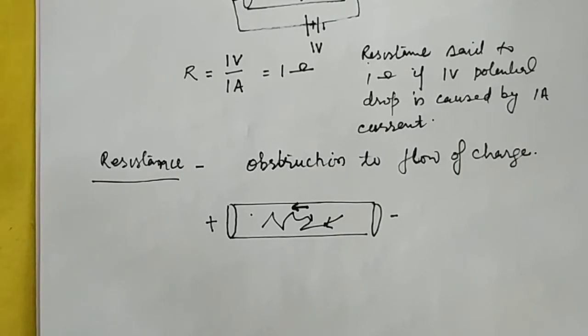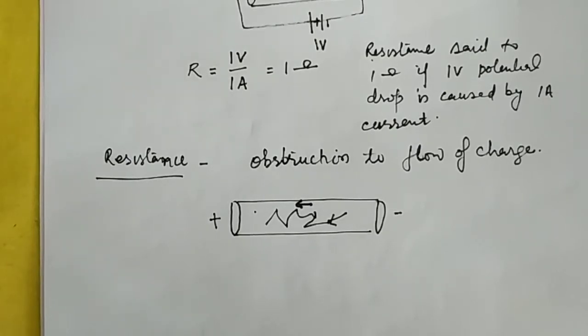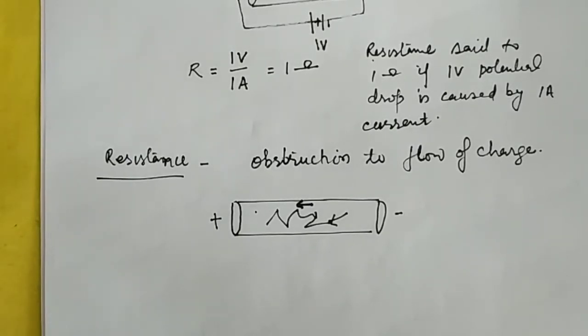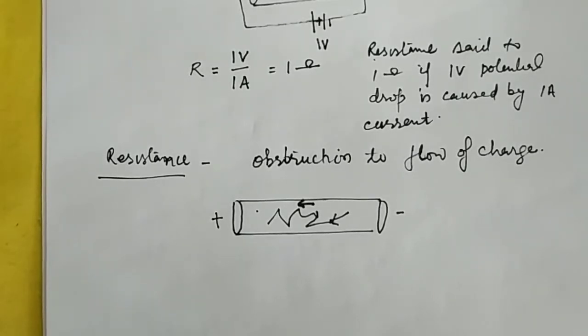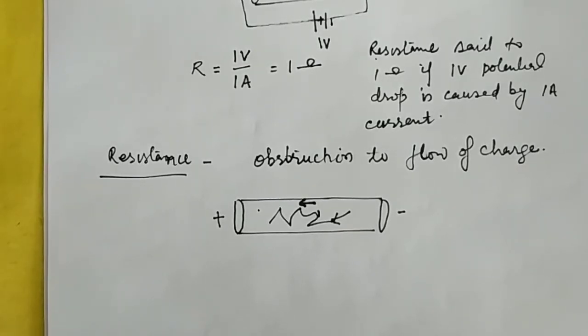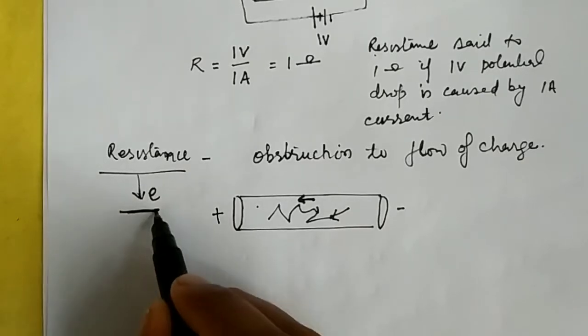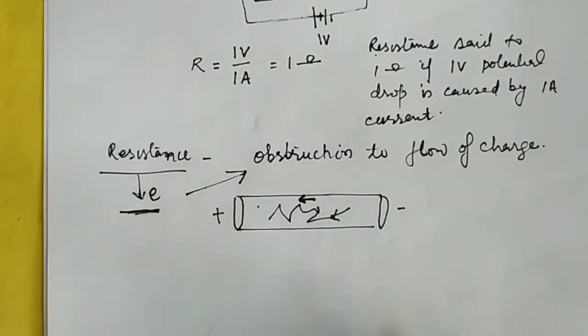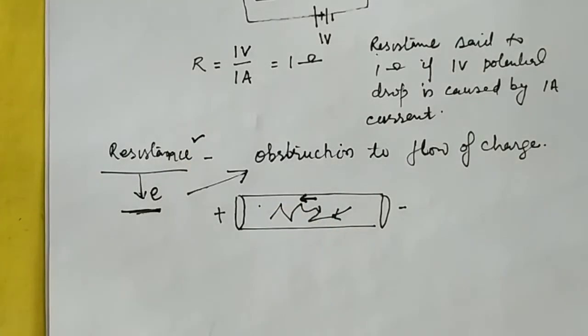As in this example, if you want to cross a very lonely place, you will be able to pass easily. But if you pass through a very crowded place, you feel an obstructive force in a backward direction. Similarly, the electron feels that obstructive force, and that obstruction felt by the electron is known as the resistance.